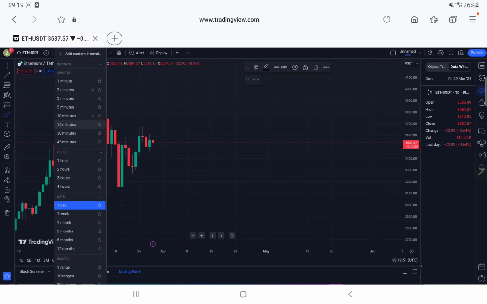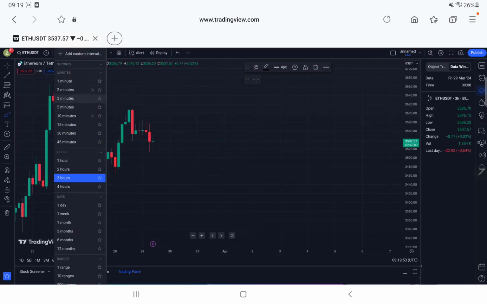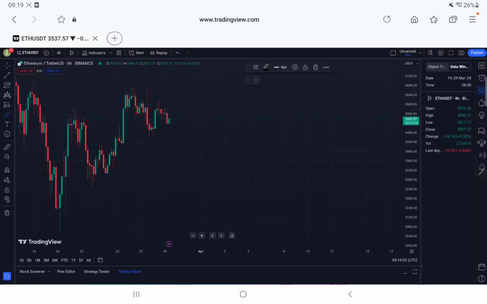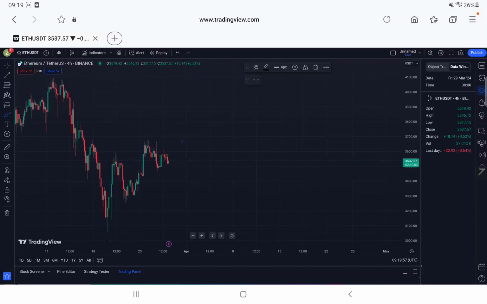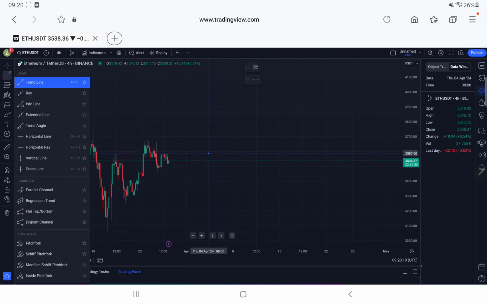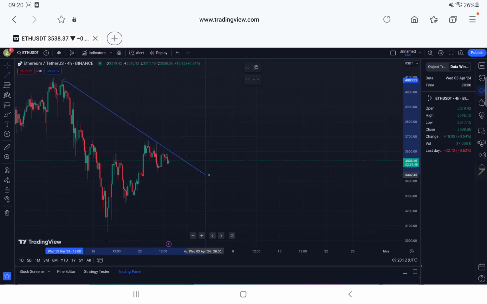Right, let's take a look at the ETH chart. Now, interestingly, the cup and tea handle that we saw on the Bitcoin chart, if you argued that is a cup, if you actually want to draw it properly, let's say it was a cup, right?